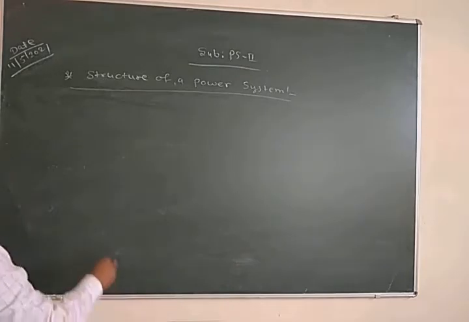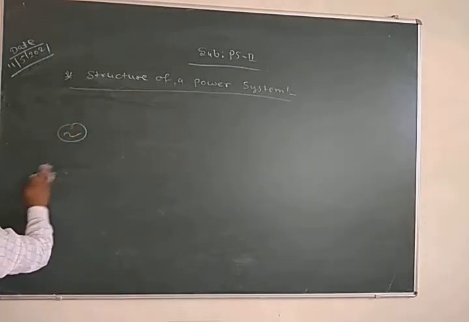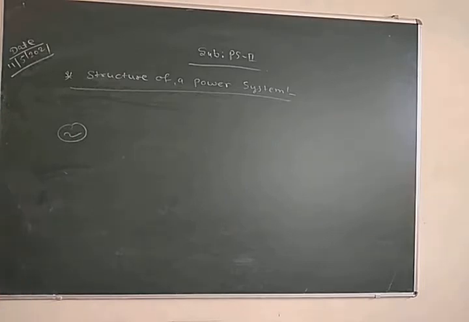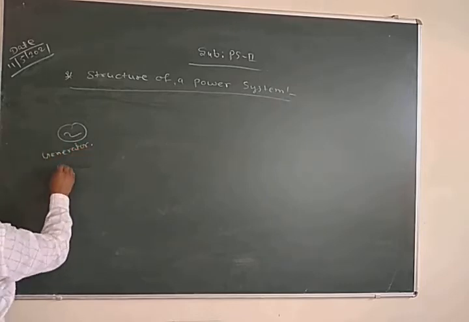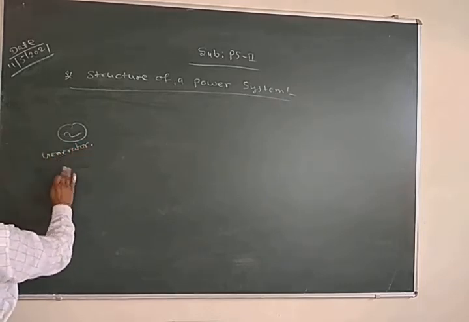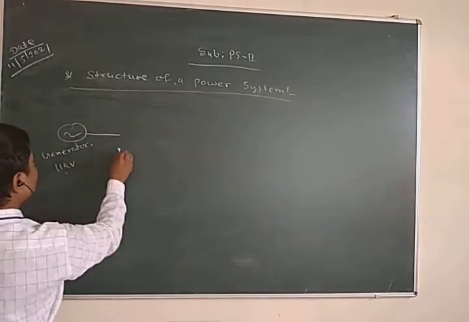In the structure of a power system, we connect the components of the power system. So this is the generator. Voltage is V1, or we can write 11 kV in India.